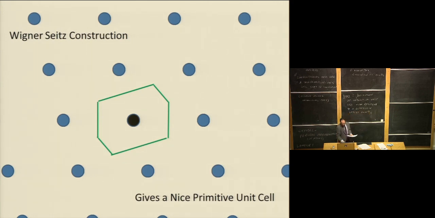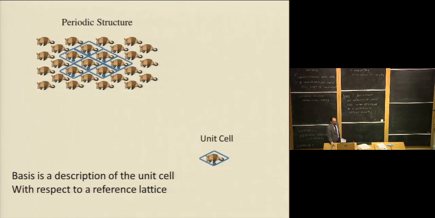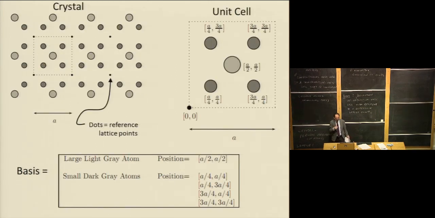Okay, so for example, here we have a periodic structure. I've put the reference lattice point, I've drawn it blue in each of these unit cells, and then you'd have to describe everything that's in the unit cell referenced to that one lattice point. So you would say there is an armadillo sitting on top of your blue dot. Okay, maybe that's not so useful. Let me do a more physics-oriented one.